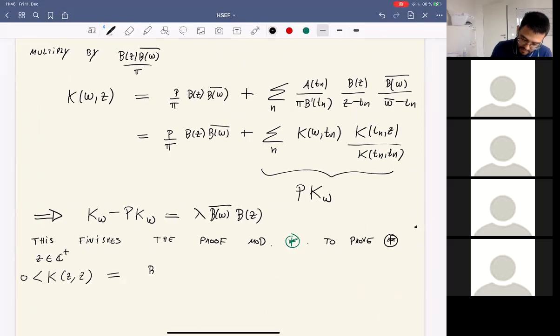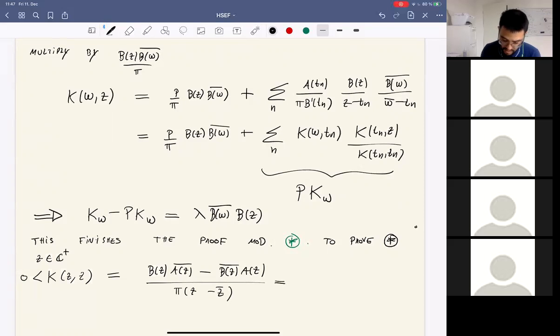This would be just P Z A of Z bar minus P of Z bar A of Z divided by pi times Z minus Z bar, which in the upper half plane, you will get what? The computation, I did this at some place here.